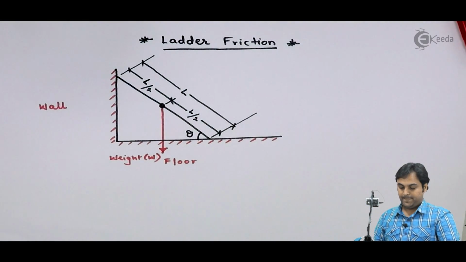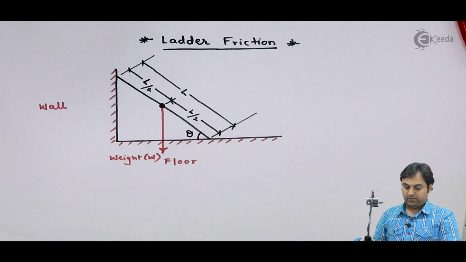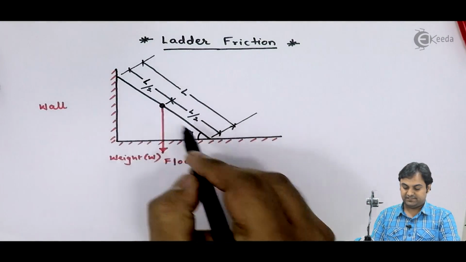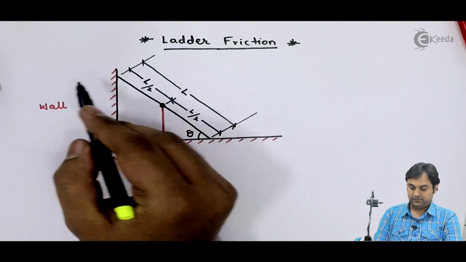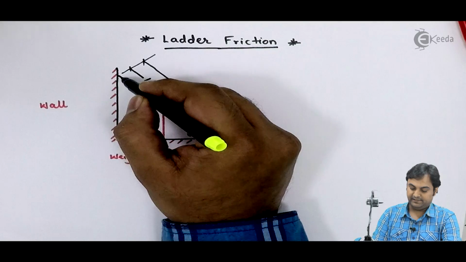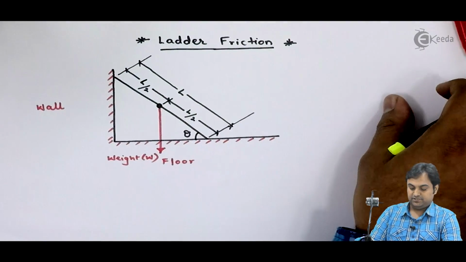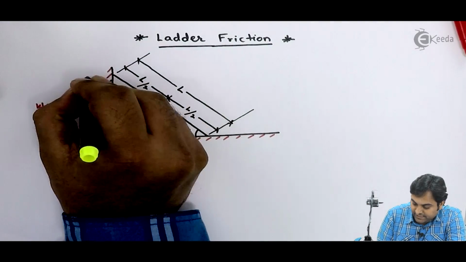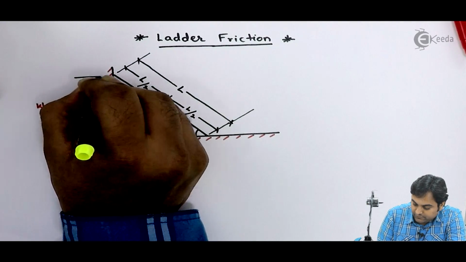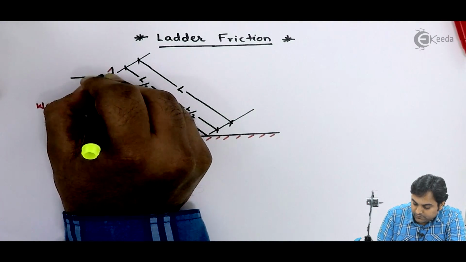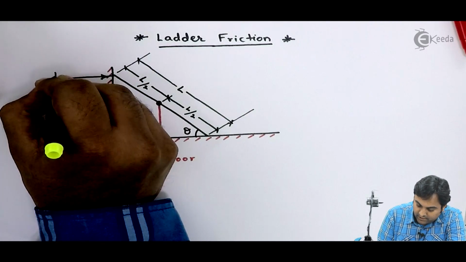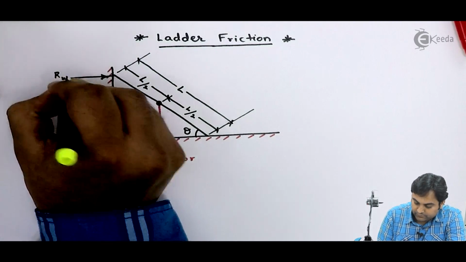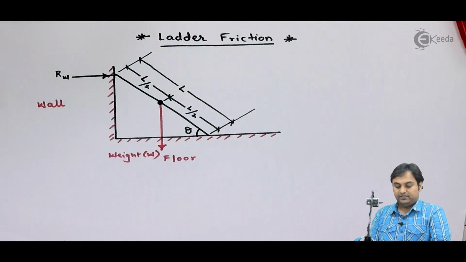This is the diagram. Now, if a ladder is resting against the wall, force is exerted by the ladder on the wall. Similarly, there will be a reaction from the wall in a direction which is horizontal. This I will call RW, that is the reaction offered by the wall.